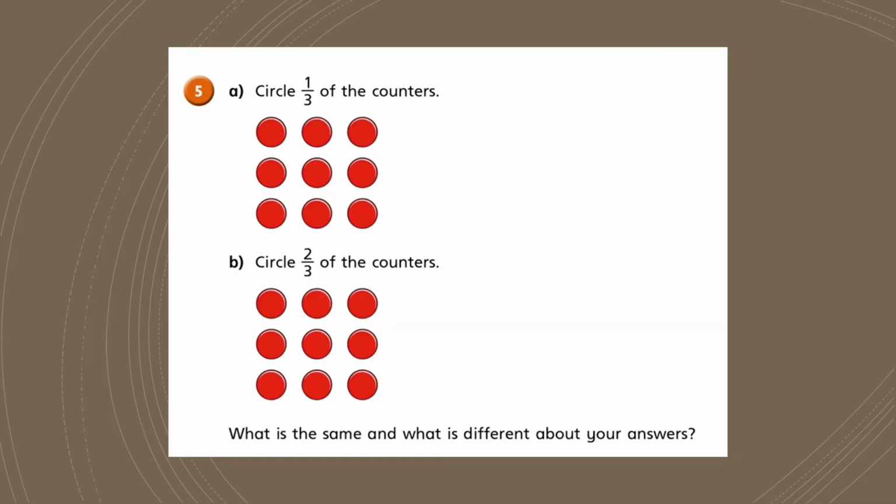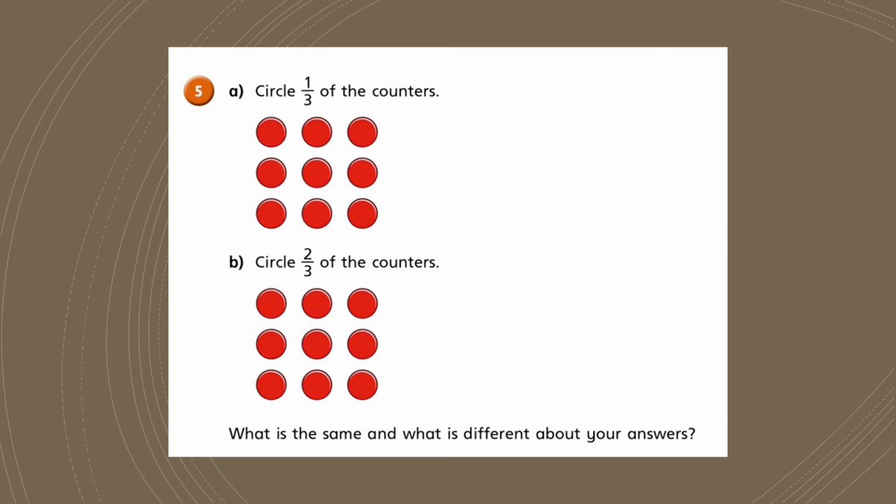Now, have a look at this one. This is exactly the same, but we're using numbers. Okay? So circle 1/3 of the counters. So what I would do is I would count the counters.